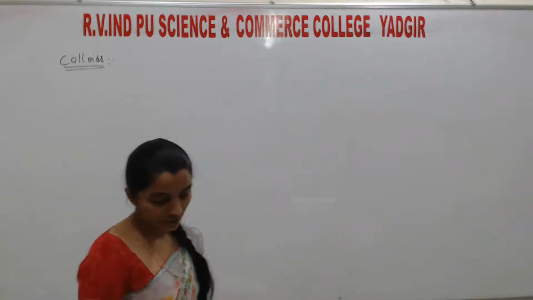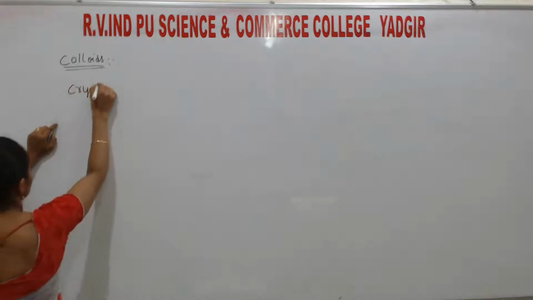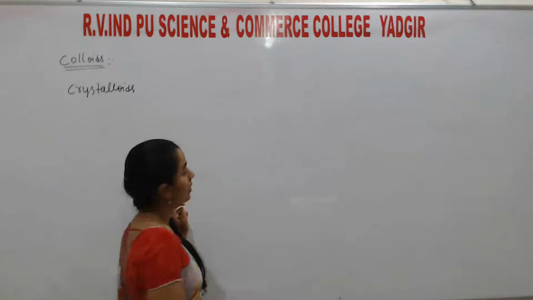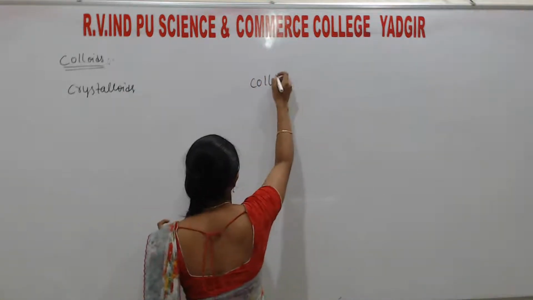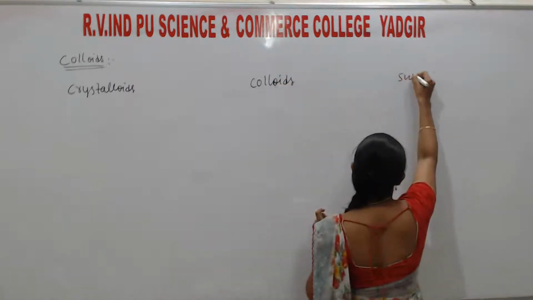Okay, so in this, first one is crystallites, next one is colloids, and the last one is suspension.